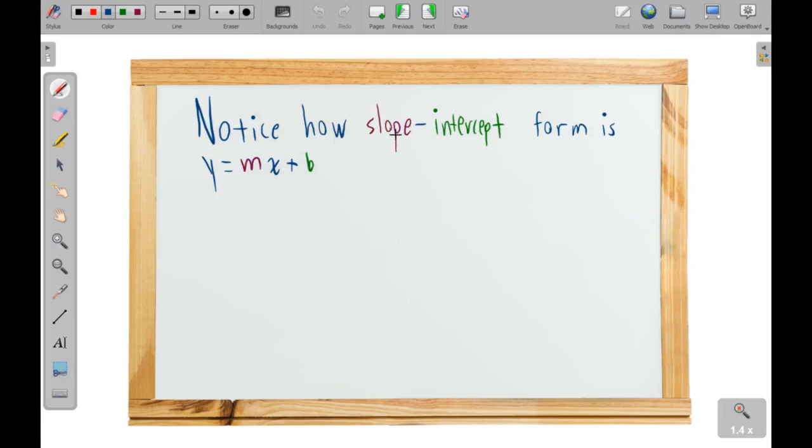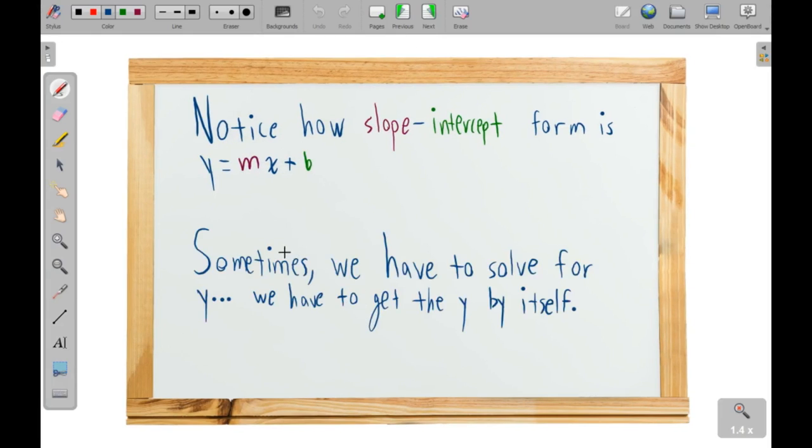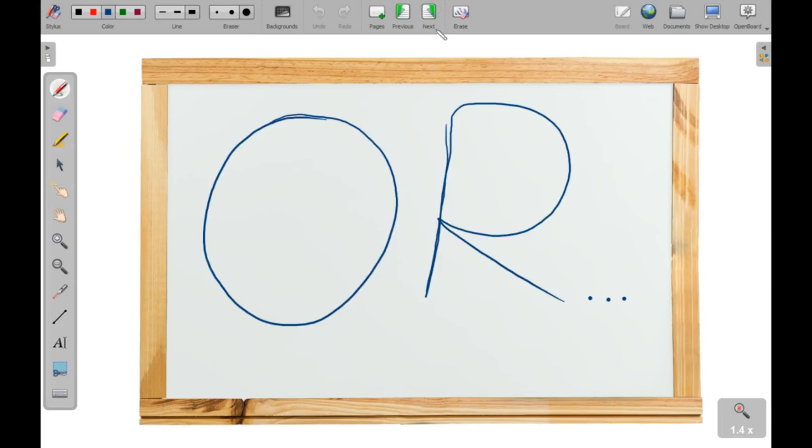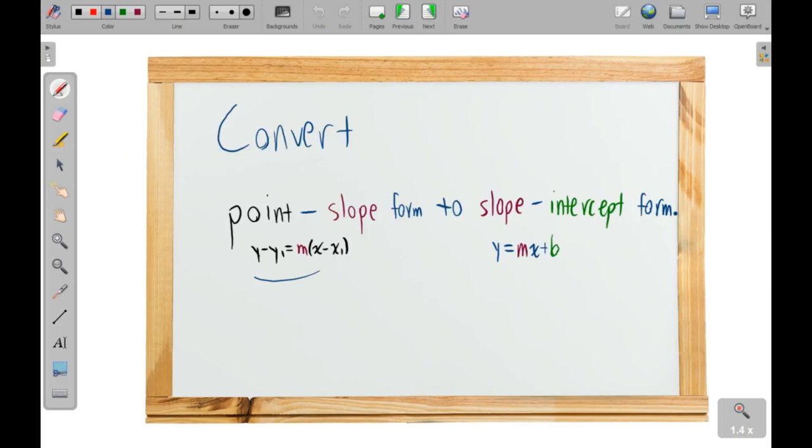Okay, so notice how the slope-intercept form is y equals mx plus b. Sometimes we've got to solve for y, and we have to get the y by itself. So we have to convert from standard form, remember that, into slope-intercept form, or we have to go from point slope form to slope intercept form.